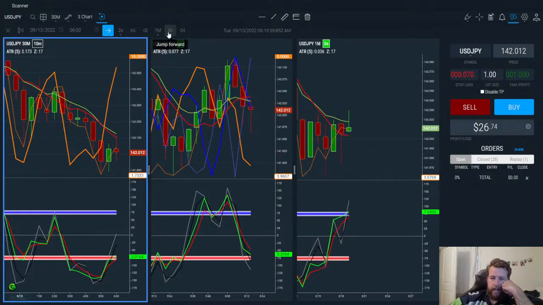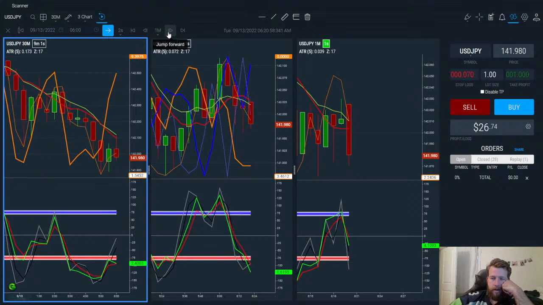Okay, let's see if we can get something else going. And I usually don't take trades or look at signals here unless they're under or above these lines here, just as a general rule.